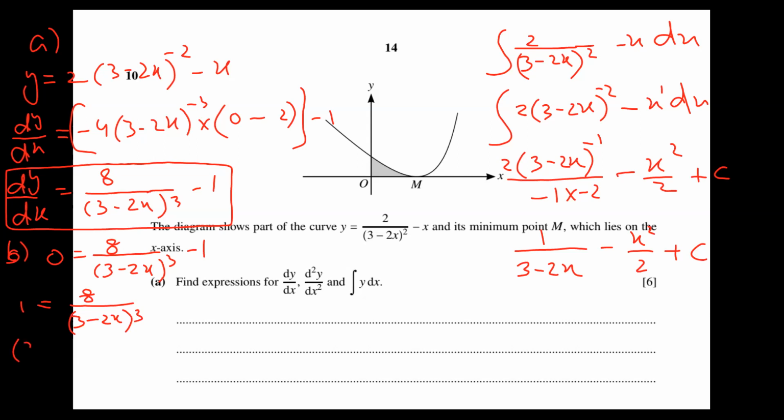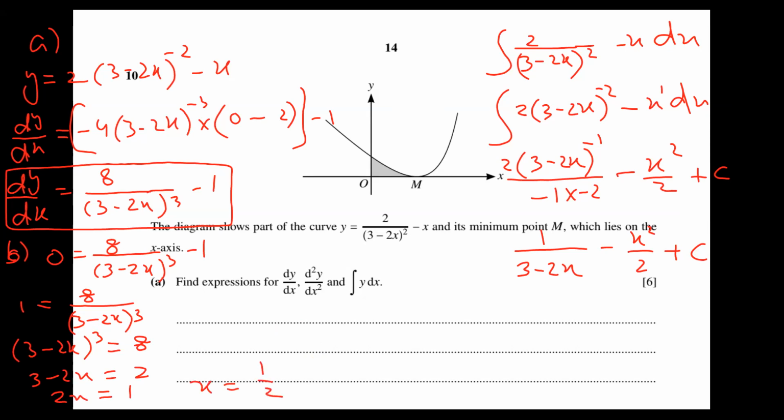Cross multiply: (3 minus 2x) whole power 3 equals 8. The cube will go to the other side and become a cube root, and all of you are familiar, the cube root of 8 gives you 2. If you type in the calculator this way, it gives you 2. So now the 2x goes to the right hand side, and 2x equals 1. Ultimately, I got x equals half.